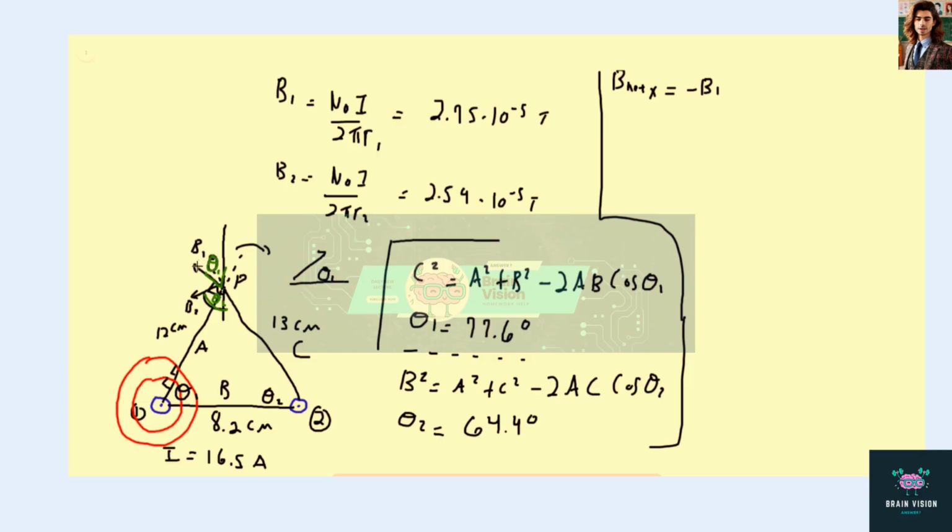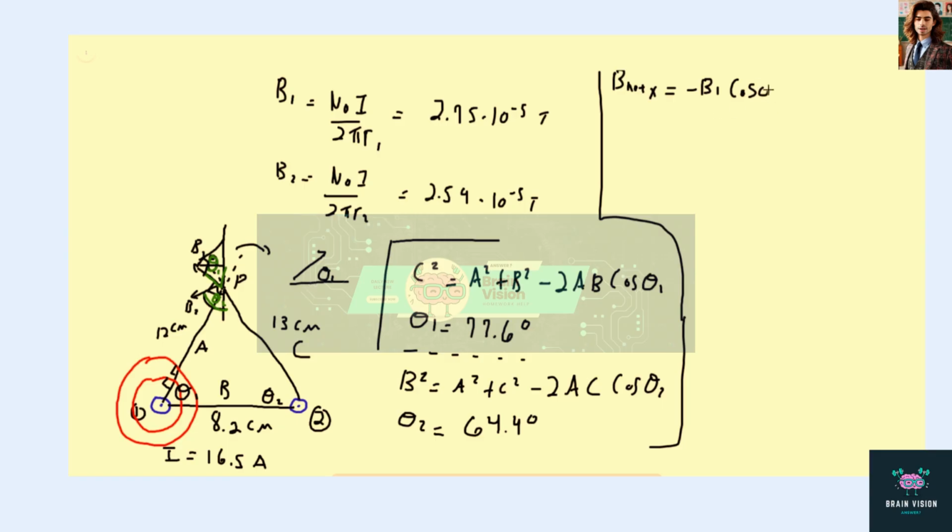So really what we're doing is breaking it into a right triangle like this. For this angle, we take the opposite over hypotenuse, and that'll give us this horizontal component. So minus B1 cosine of theta, or I'm sorry, adjacent over hypotenuse for that.